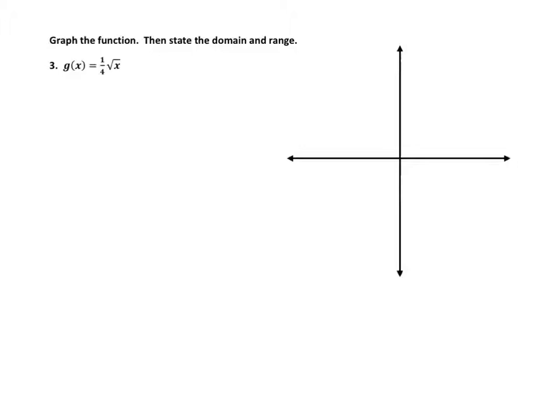So, the domain should have been 0 to infinity. Remember, we have to learn what these mean. This means x is greater than or equal to 0. So all real numbers greater than or equal to 0. Not greater than, but greater than or equal to. So when it's a square root: 0, 1, 4.